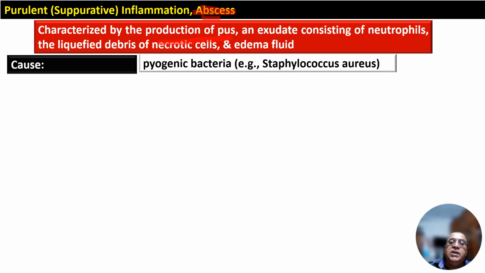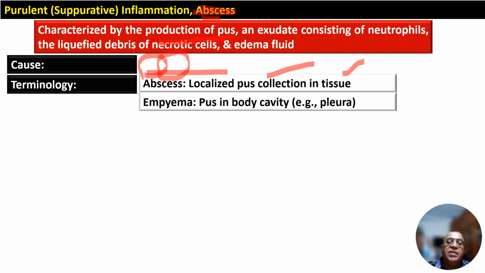The cause of this morphological pattern of acute inflammation is pyogenic, or pus producing, bacteria. One example is Staphylococcus aureus.